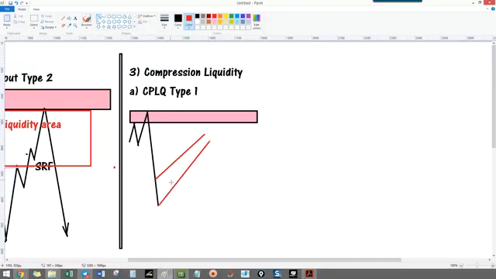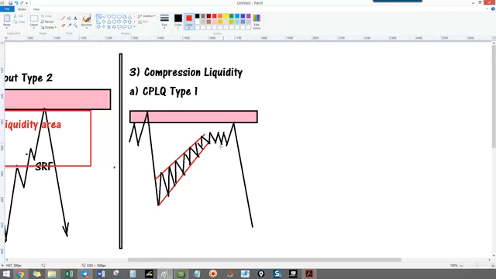So price does something like this, like this, like this. And then it does some fake out type 1, the resistance spikes, and then it goes up here and then goes down.